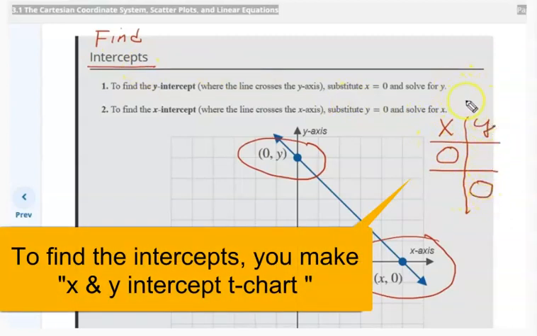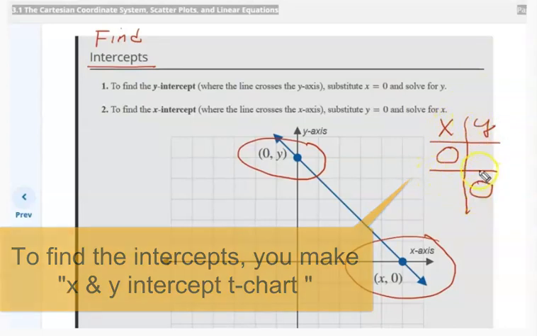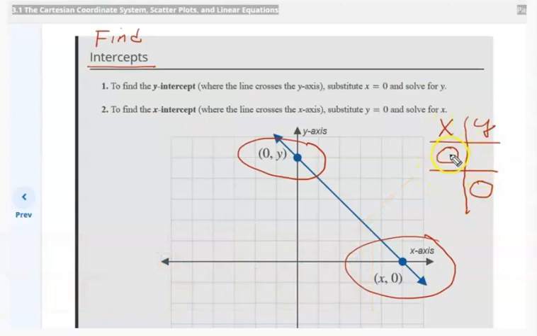So you do so by making what is called an x and y intercept t-chart. I want you to name this. What is this called? An x and y intercept t-chart. Put a 0 there by the x, a 0 by the y. That's going to give you the intercepts here. Now, the official way of writing this, and they're kind of hinting it, is 0, comma b.